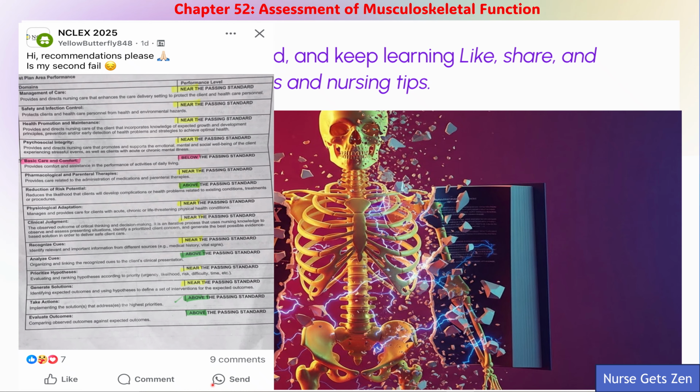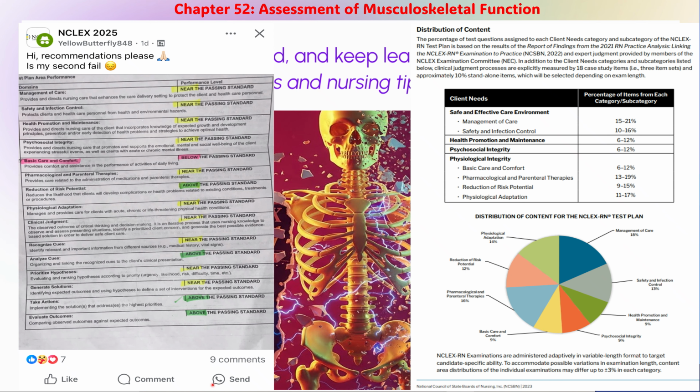And let me put this picture as well. This is from somebody who unfortunately did not pass and got a below on basic care and comfort.